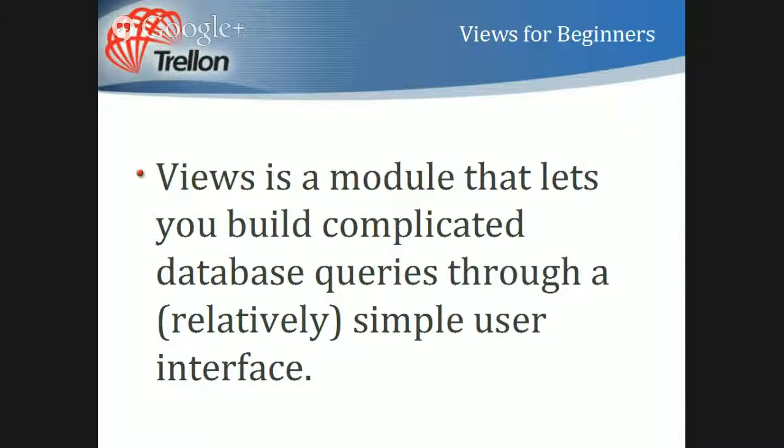It doesn't matter. It also lets you sort that data. By default, it's sorted by newest first. We could sort it alphabetically. We could sort it alphabetically by author. We could group that content in different ways. There are a large variety of things we can do. And I'll show you some examples. Why don't I just show you some examples?